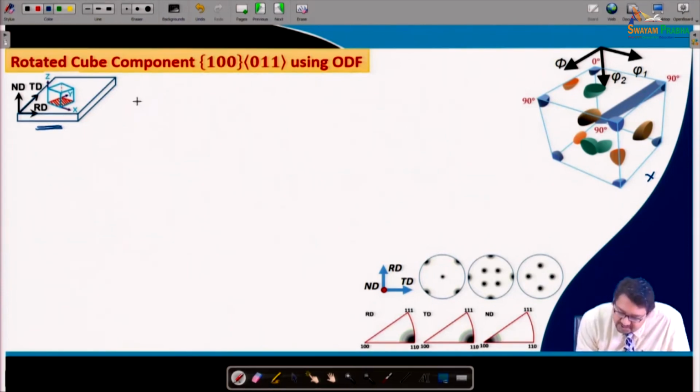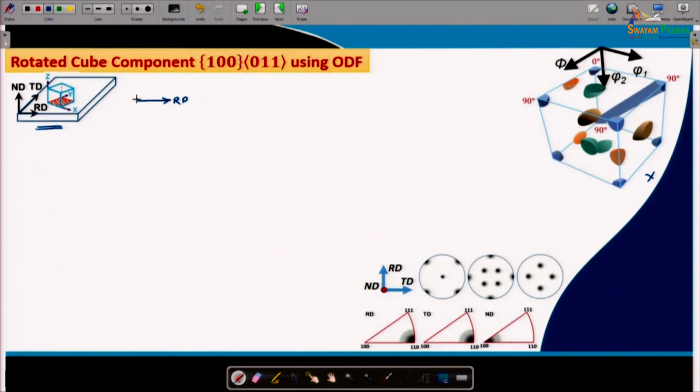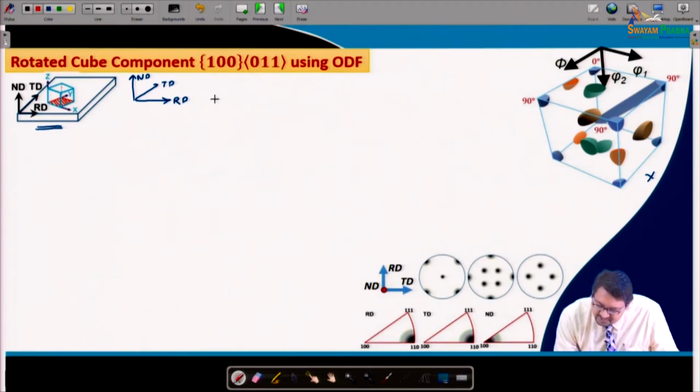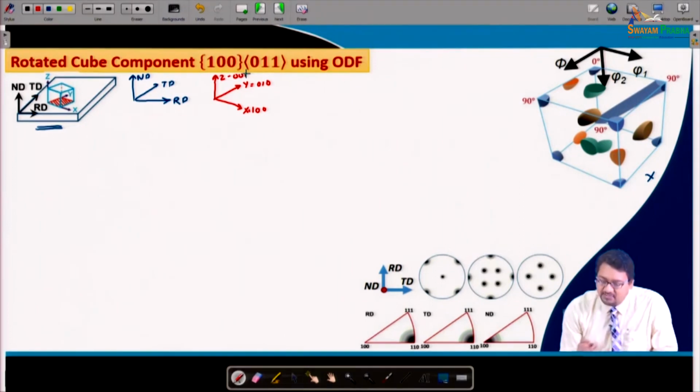So, you see that as in the earlier example of the cube component, we have kept RD, TD and ND of the sample reference system like this. In this case also we will keep it the same, but you see that in this case the position of the crystal axes, that is the X 100, the Y which is 010 and the Z which is 001, are somewhat like this.